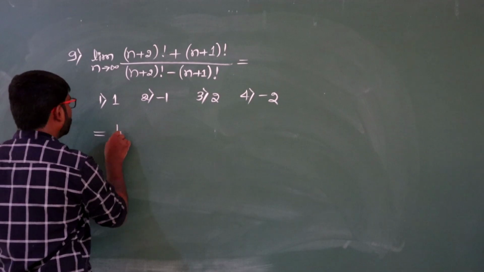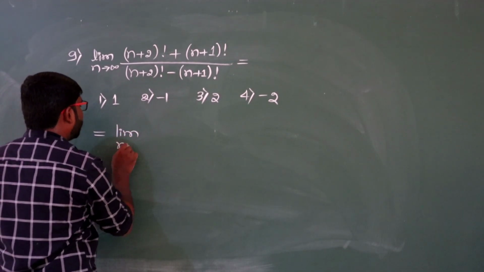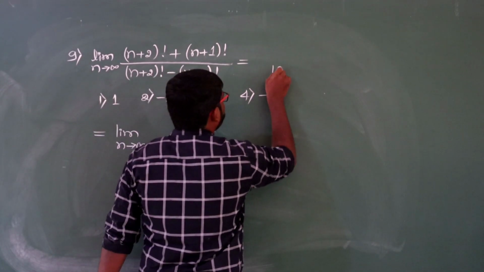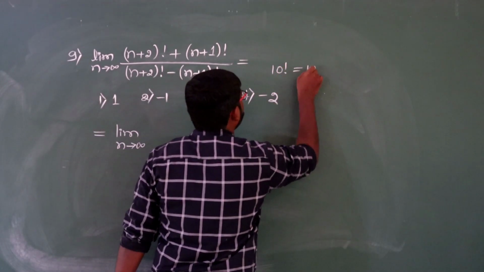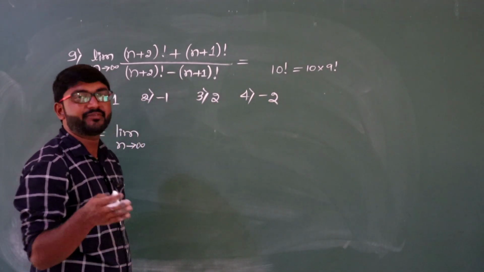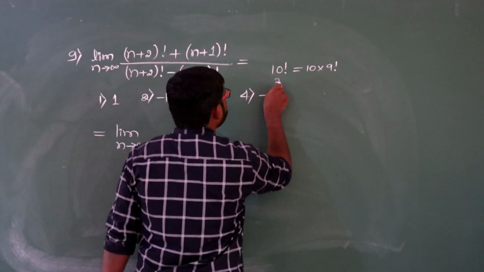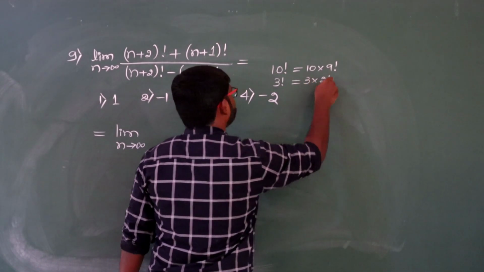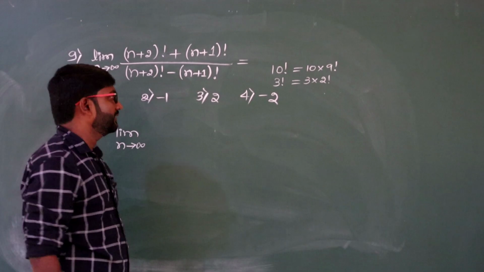This is equal to limit n tends to infinity. So we can write 10 factorial as 10 into 9 factorial, or else 3 factorial can be written as 3 into 2 factorial.